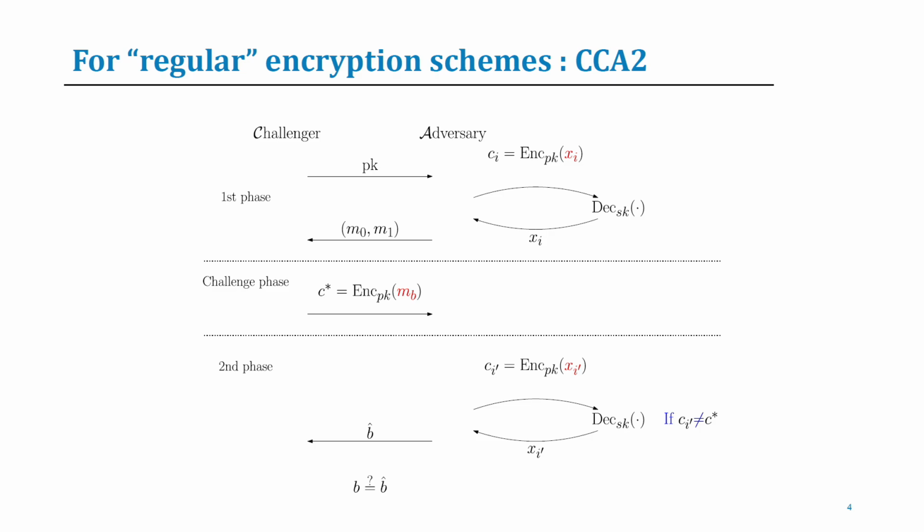So in the CCA2 game, you get two decryption oracles, one before the challenge ciphertext, which has no restrictions, and one after receiving the challenge ciphertext. And this one has one restriction that I'd like to highlight here. You are not allowed to decrypt the challenge ciphertext. Right? So this is to avoid trivial attacks.